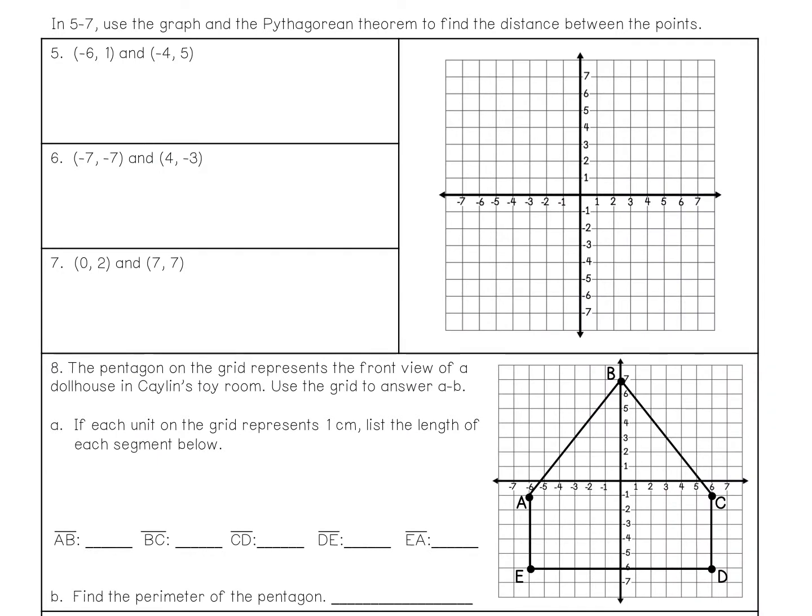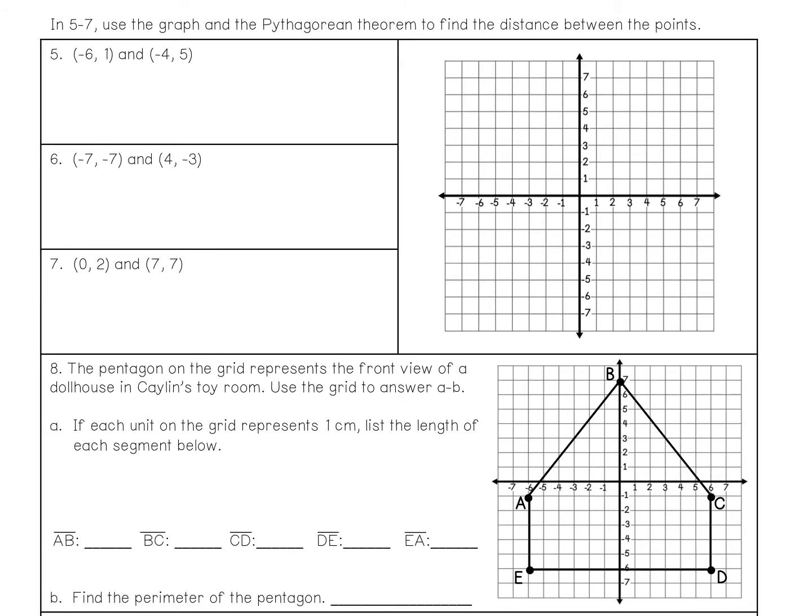Now we're going to look at some problems where we have to graph the points ourselves. So 5 gives me a point of -6, +1, and -4, +5 as my diagonal. I'm going to draw my straight sides. So I have one leg of 4 and one of 2.